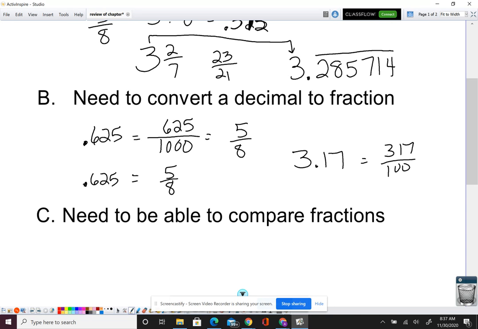Can it be reduced down? No. And I would have to convert it back to a mixed number. So your calculator, you have to be able to interpret it. This would be the mixed number for the 317 over 100.